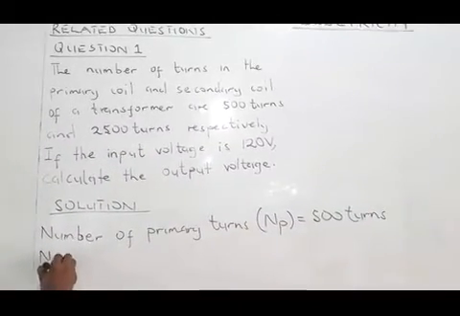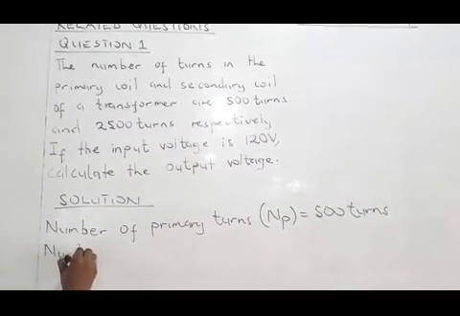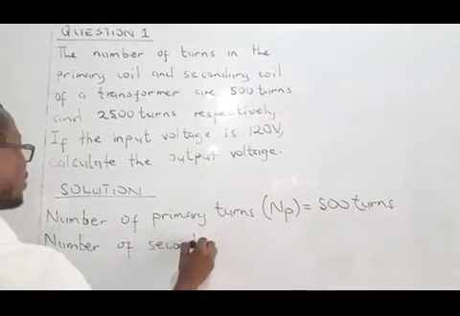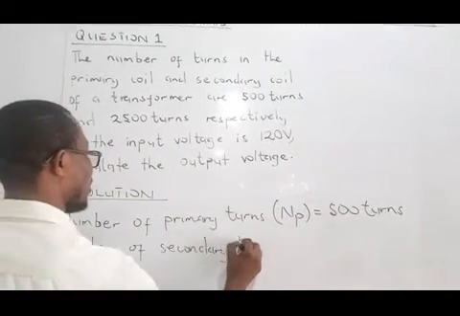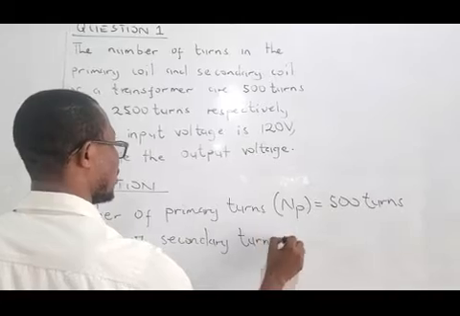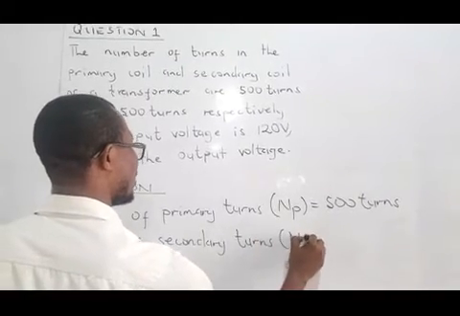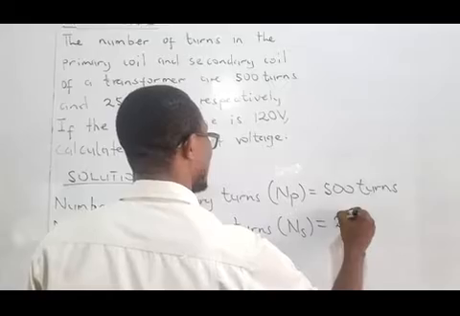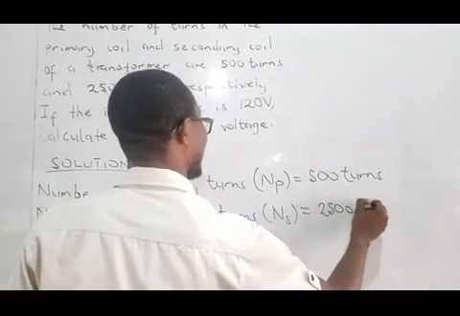And we also have the number of secondary turns, NS, equal to 2500 turns.